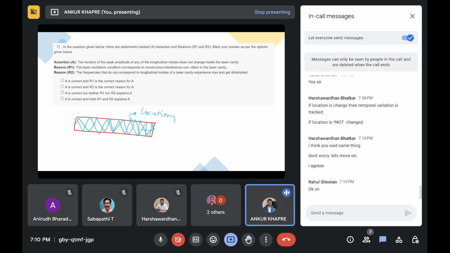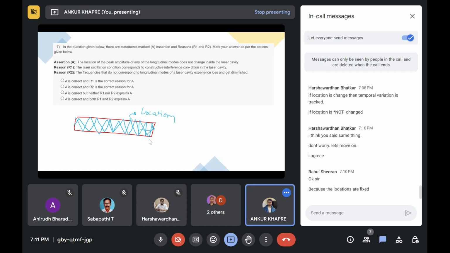Only that oscillation condition is corresponding. Did you get this point? So option A is correct here.